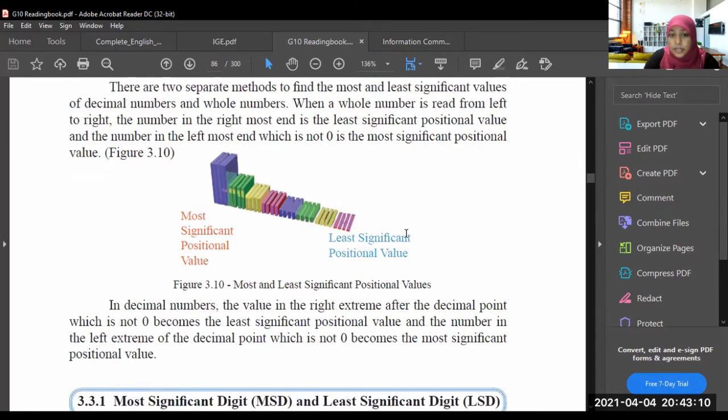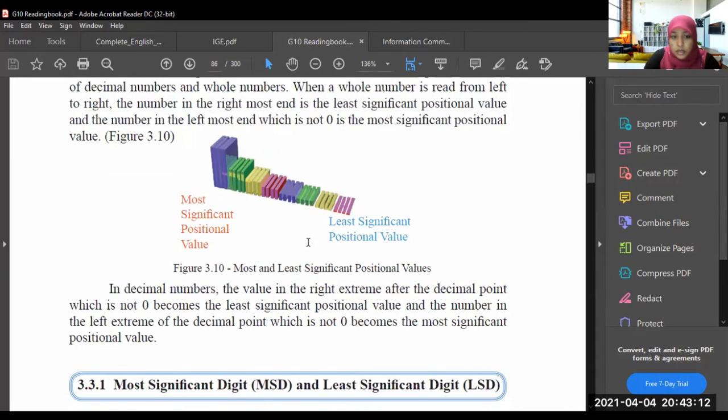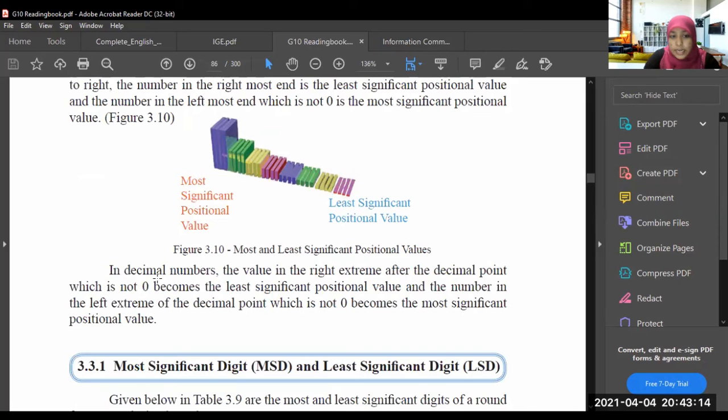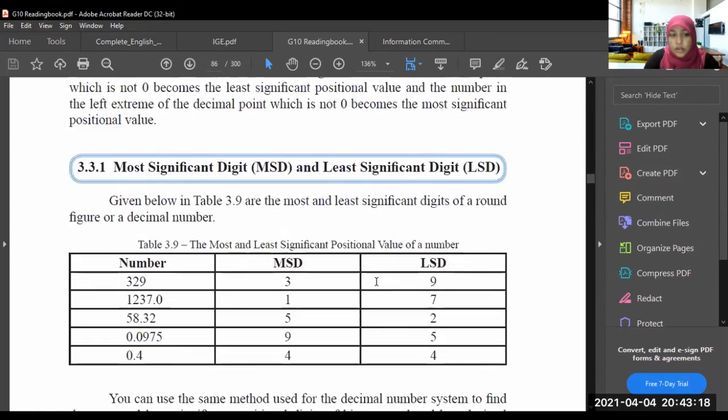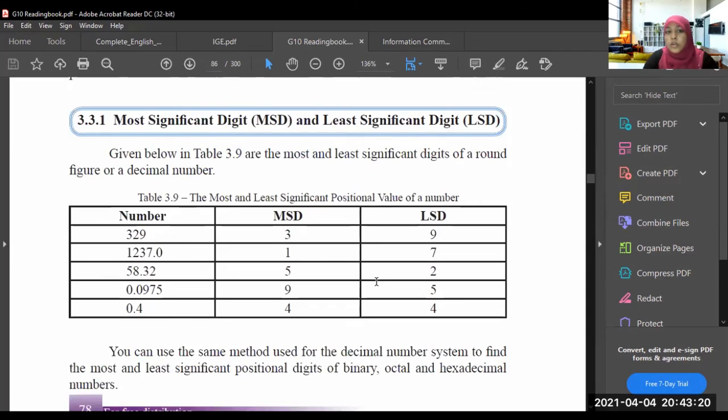For example, in decimal numbers, the value at the right extreme. Okay, let's see this one. Most significant digit, we call it MSD. Least significant digit is LSD. MSD means most significant digit. LSD means least significant digit.